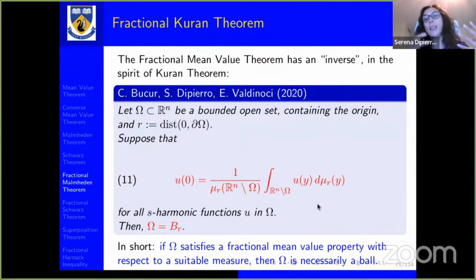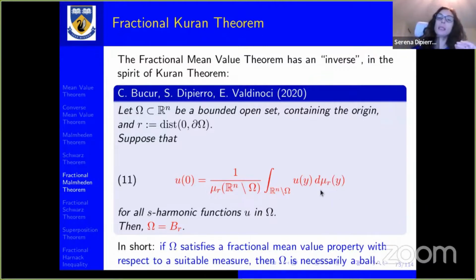So if the Balayage problem has a positive answer, which it has if the domain omega is sufficiently regular, you would have a Poisson kernel. So you would always have the possibility of writing u at some point as the integral over Rn minus omega of u multiplied by some kind of measure here. So that would be, in my opinion, a different problem.